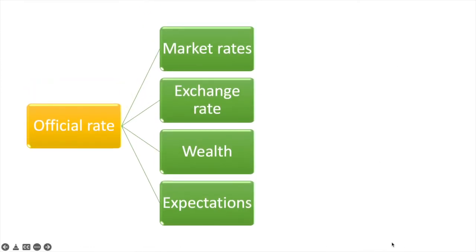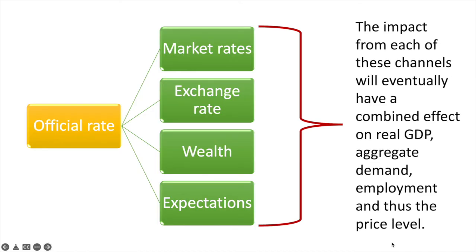The impact from each of these channels will eventually have a combined effect on real GDP, aggregate demand, employment, and thus the price level. You should be comfortable explaining how the official rate will impact each of these channels. Additionally, you should be able to connect changes in the official rate to their intended impact on real GDP, aggregate demand, employment, and inflation.